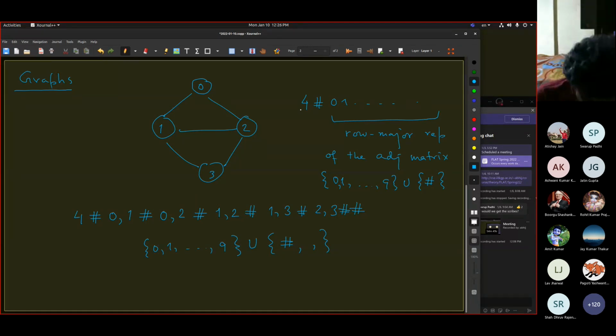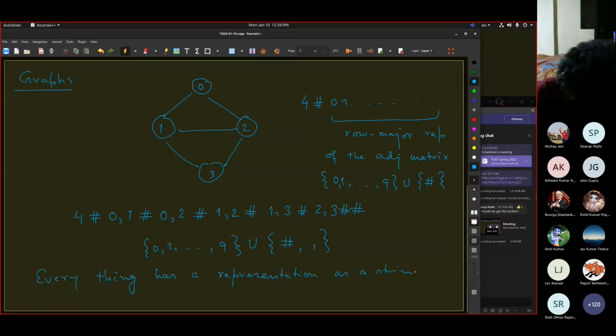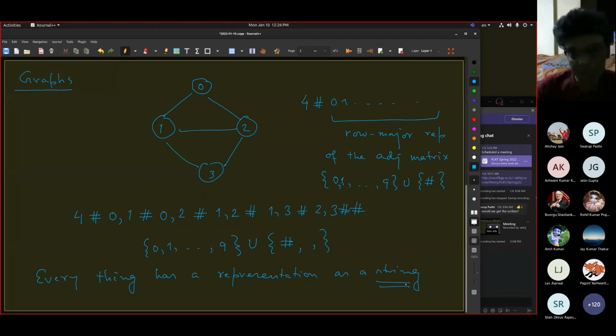So the idea is that every conceivable object, everything maybe, has a representation as a string, over some suitable alphabet.